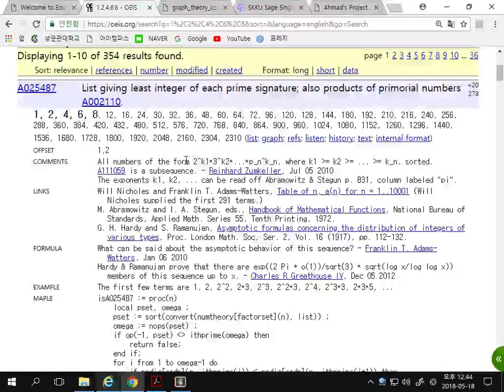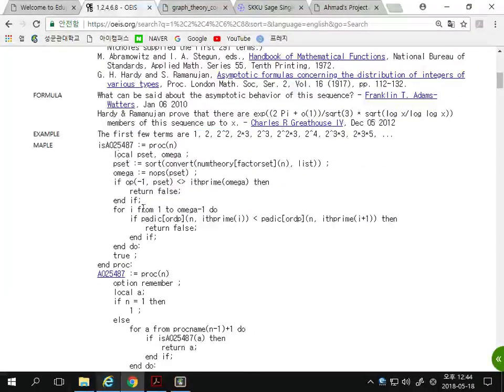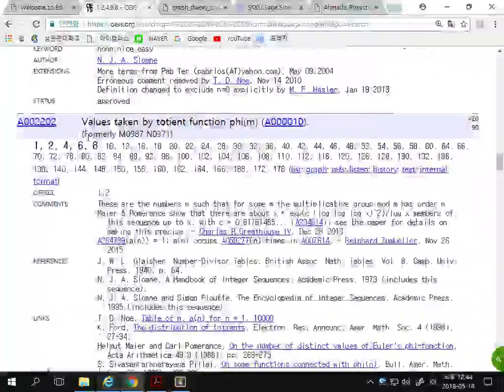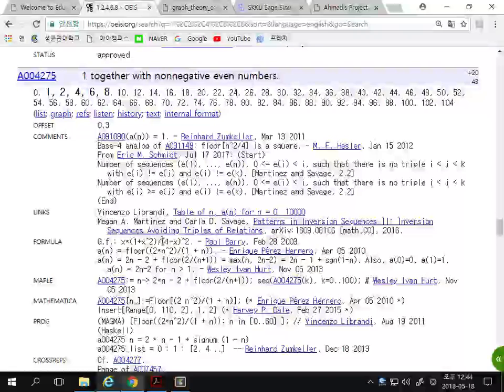It can be part of this form of sequence, or of others, and there are many possibilities for those numbers. These are all the research that has been done here. That value can also be found in these sequences, like the increasing gaps between primes. So at least many people have an interest in sequences of integers.